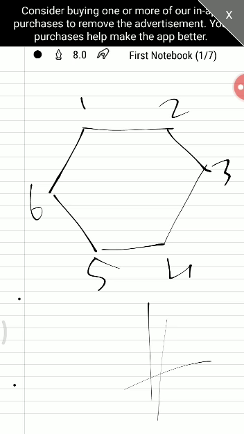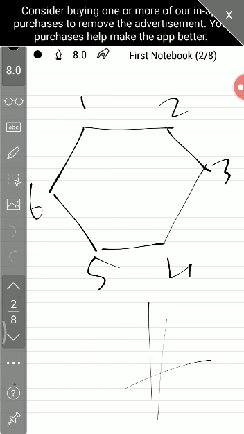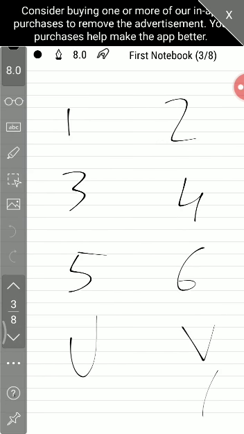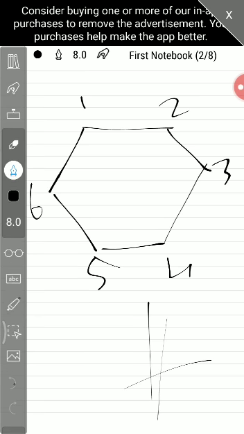So 1, 3, 5 one set, 2, 4, 6 another set, two independent sets. And let us check how can we color this. Can we color this graph with two colors? Is it possible? Let's just try that.